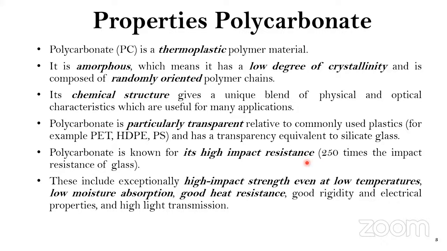So most of the time polycarbonate is used there as the glass window, because it has quite high impact resistance and it is quite transparent in nature. And if we compare with normal silicate glass, this polycarbonate impact resistance is 250 times more than the impact resistance of glass.